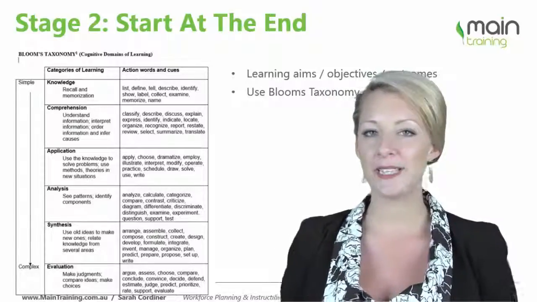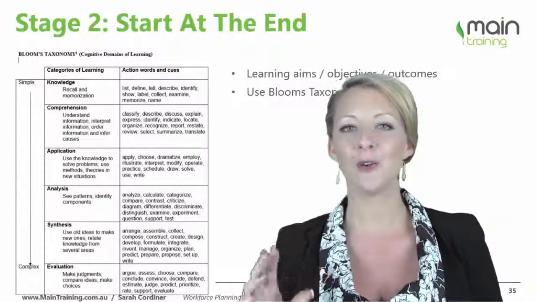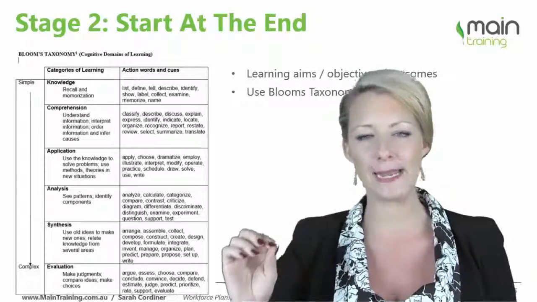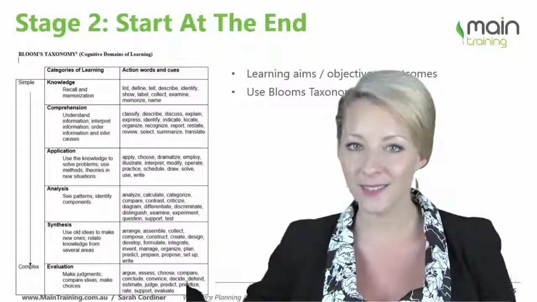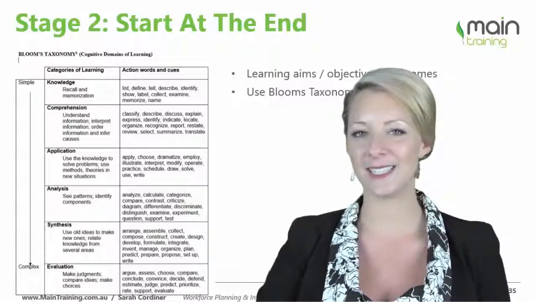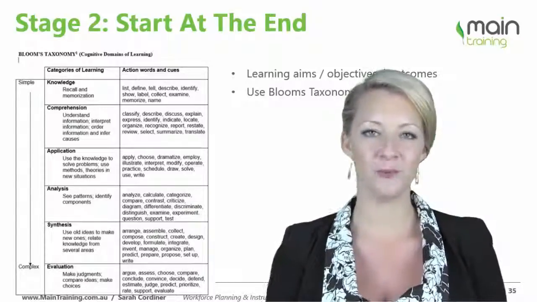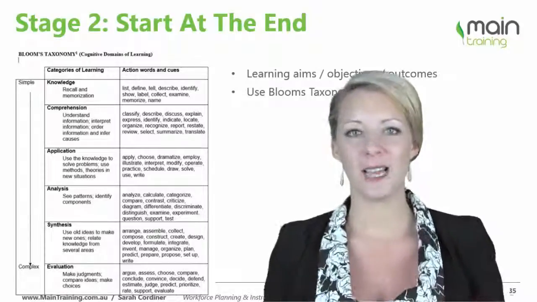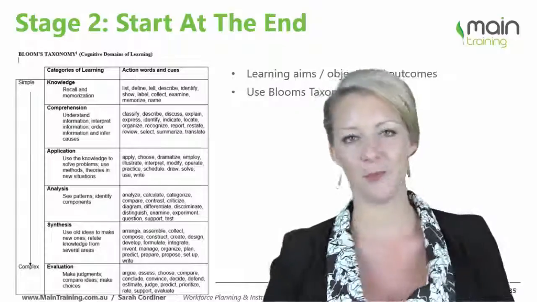Now, what we mean by being specific with our learning outcomes is that we cannot just write, by the end of this training session, the student will be able to understand. Words like understand are simply too vague. They are not measurable. My level of understanding or definition of understand could be very, very different to somebody else's.